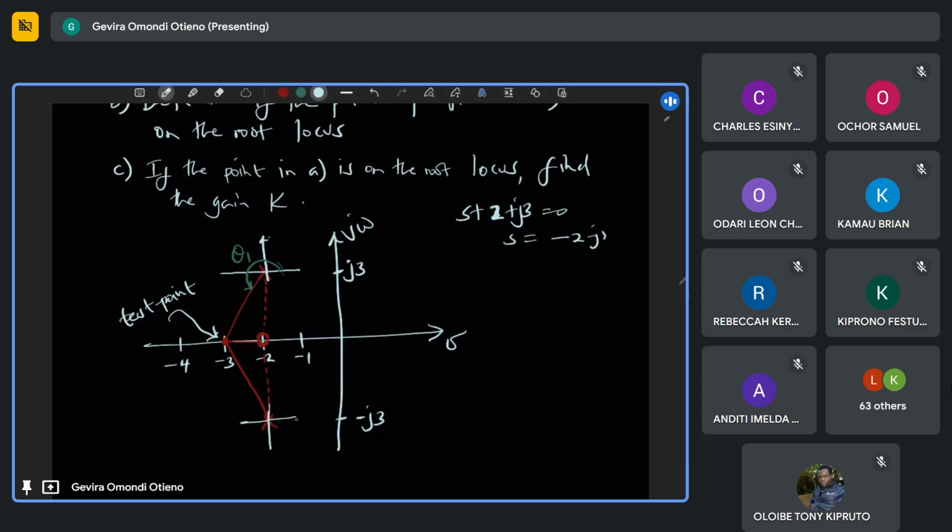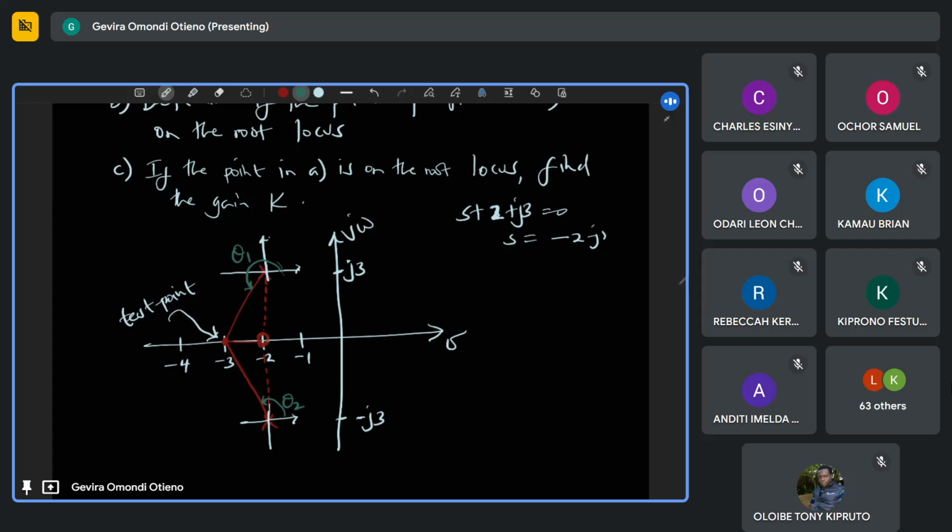I'm just trying to draw a small real axis within the imaginary line, so that we get to know the angles. So we are referring to the angle from the real axis that it makes with the test point. So we can call this θ2. Notice I'm measuring all my angles from the real axis to the test point, in the counterclockwise direction.